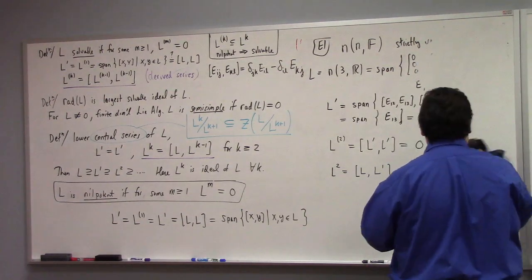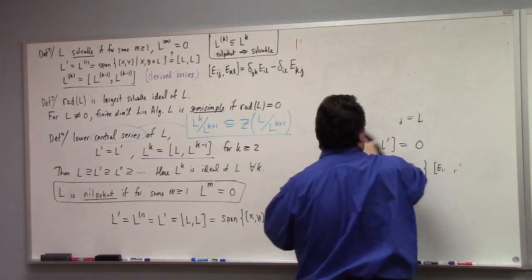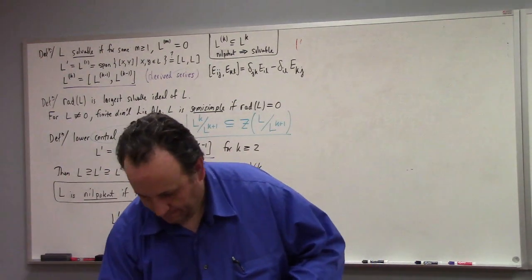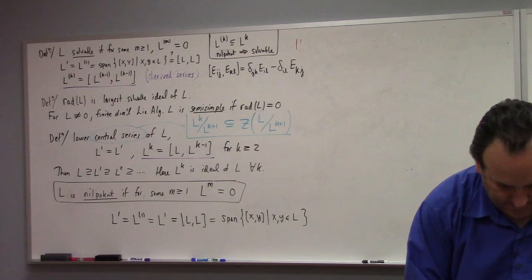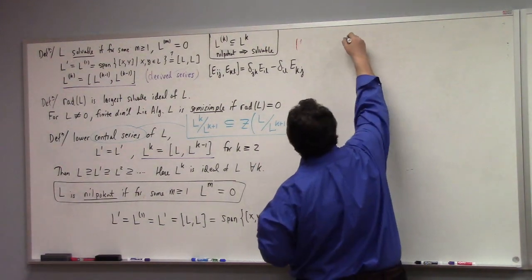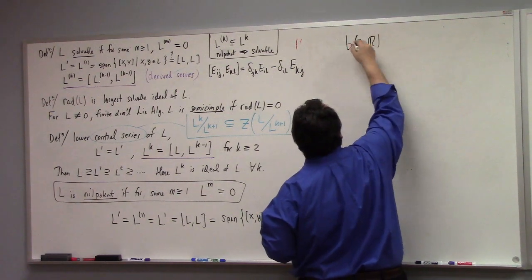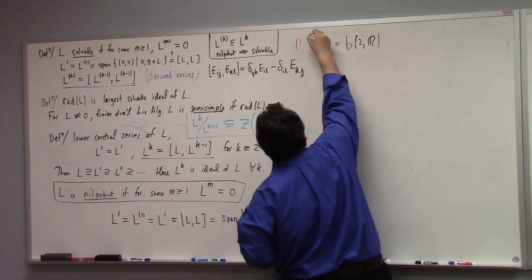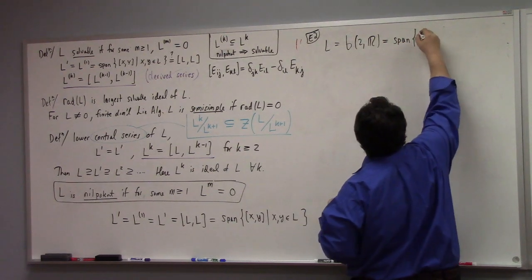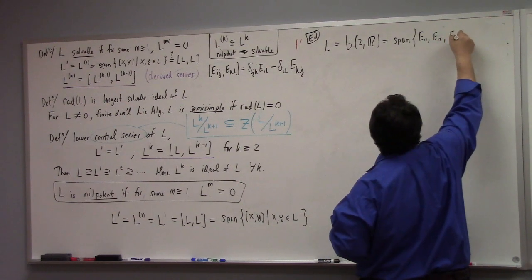Okay. So B2R, we'll take that to be our L. That is the span of E11, E12, E22, all right?